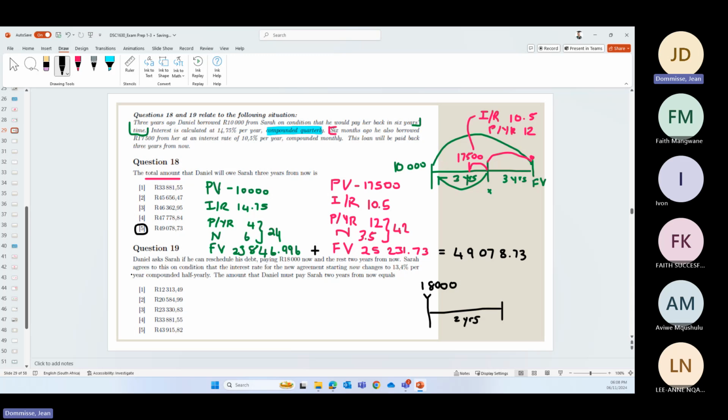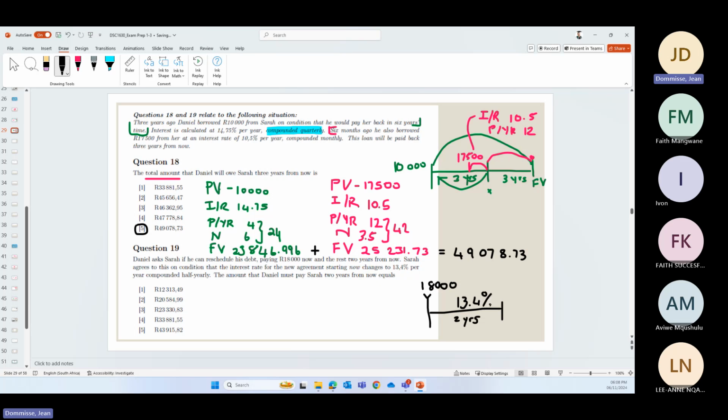Sarah agrees to this on condition that the interest rate for the new agreement starting now changes to 13.4%. So now it's not 10.5 or 14.75.